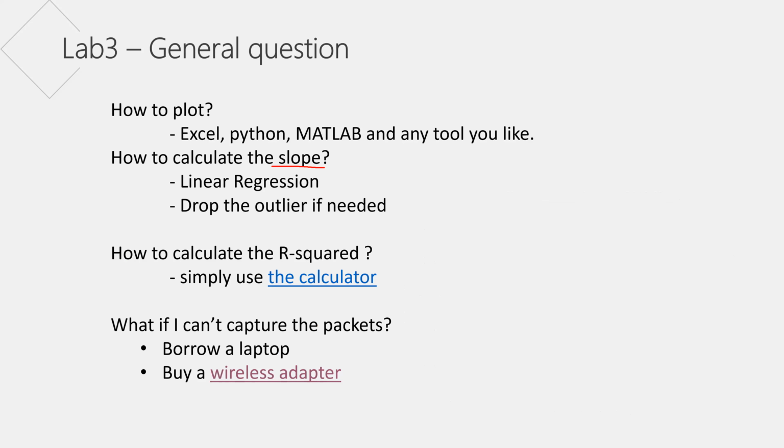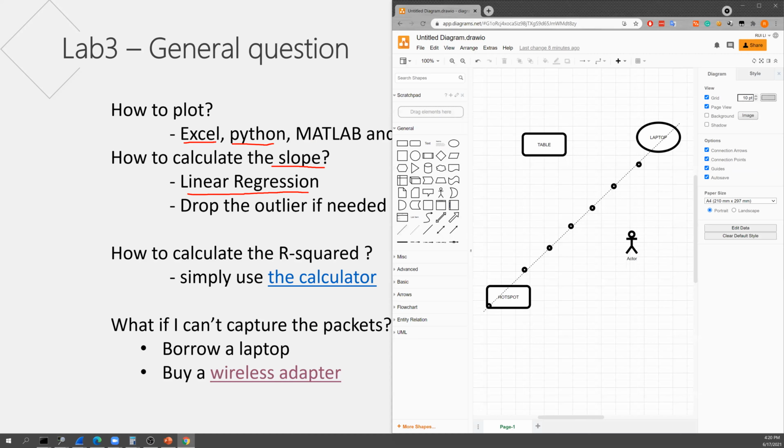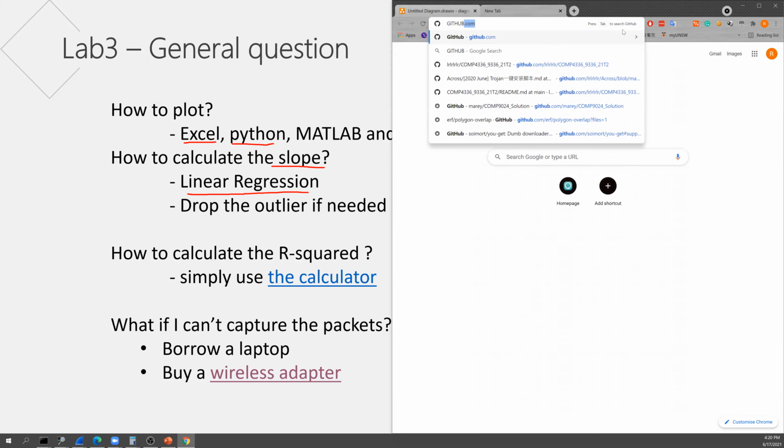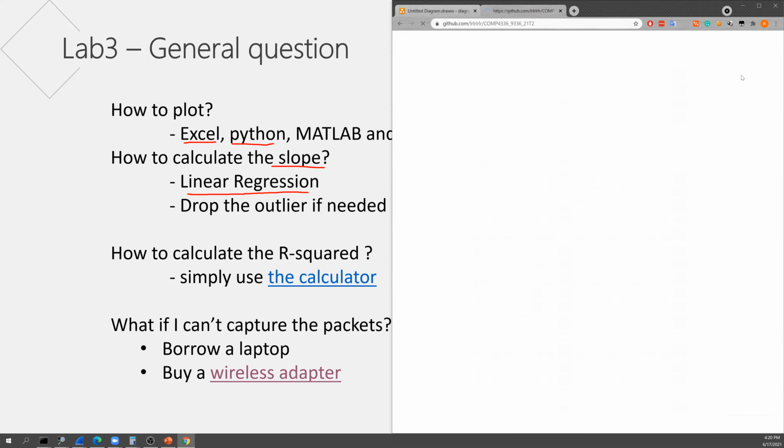And what's next? About how to plot. You can use Excel, Python, as I showed in the previous lab, Lab 2, about how to plot a graph in Excel and Python, or any tools you like. And how about the linear regression? How can we calculate the slope? I have made some material on GitHub.